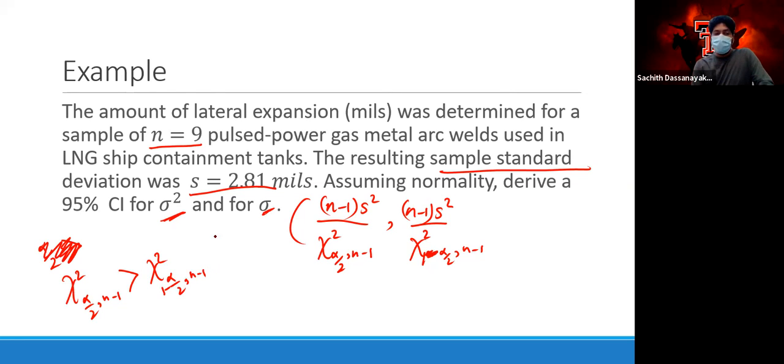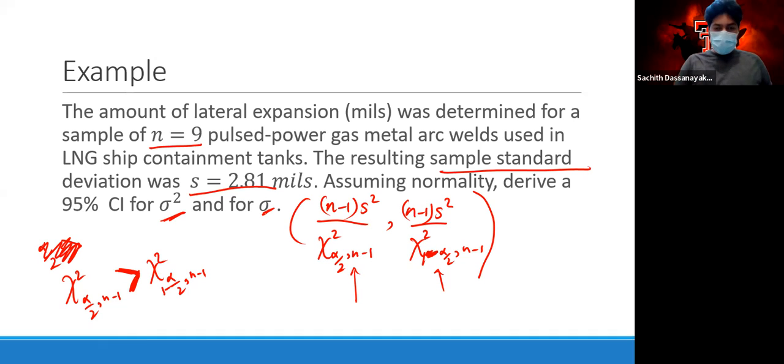This left hand side value is greater than the right hand side value, so that's why the left hand side piece becomes smaller than this piece. Otherwise, the numerator is the same but the denominator is different: the right hand side denominator is smaller than the left hand side one. So once you check the chi-square values, you will see that.